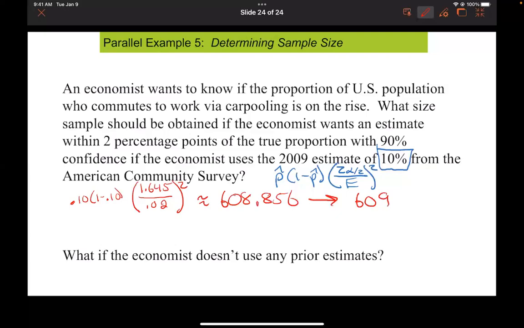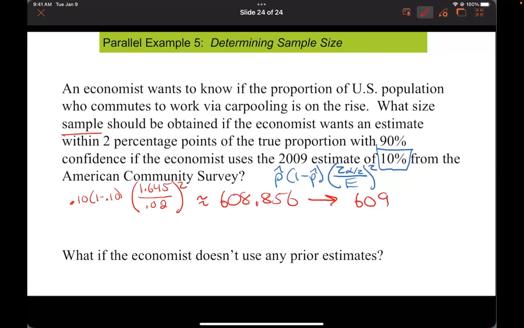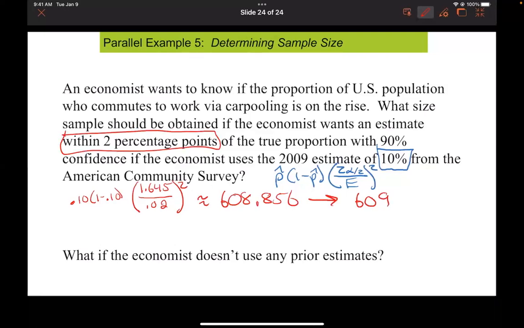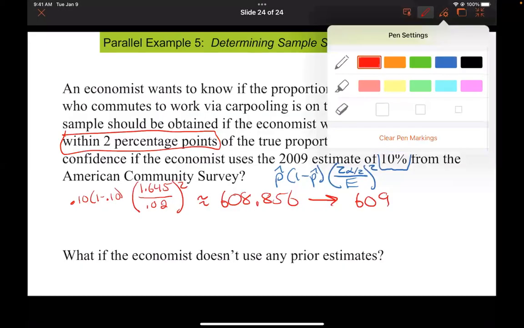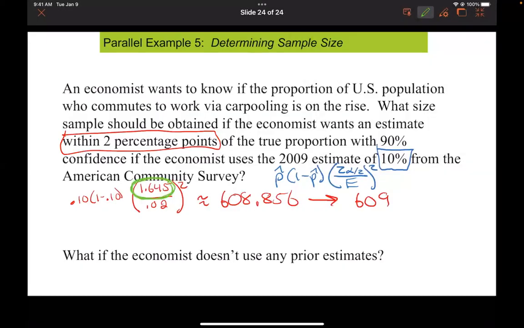You got the 0.02 from within 2%, yes. Got it. But where did you get the 1.645? This is my Z score for the 90% confidence interval. So if you do inverse norm with 0.95, that gives you 1.645.